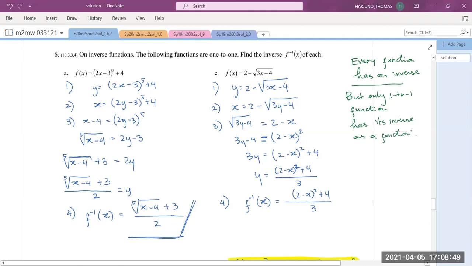Now, if the inverse is a function, we call that an inverse function. So not all inverses are functions. Now, if the inverse is also a function, then it is one-to-one as well.